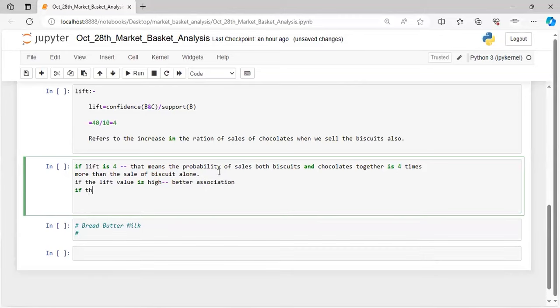If the lift value is less than 1, it indicates that people are unlikely to buy both items together.